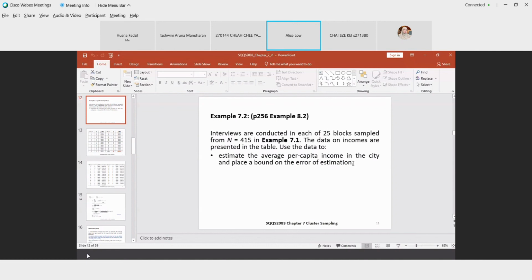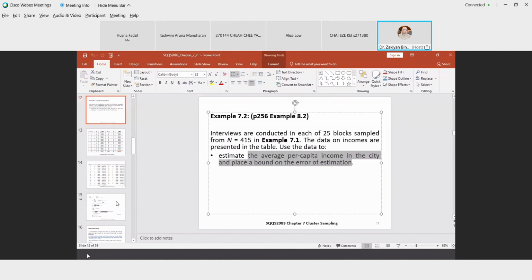No need, but you can mention it. So if we need to interpret the M bar, it's like an average of 6 interviews in each cluster?